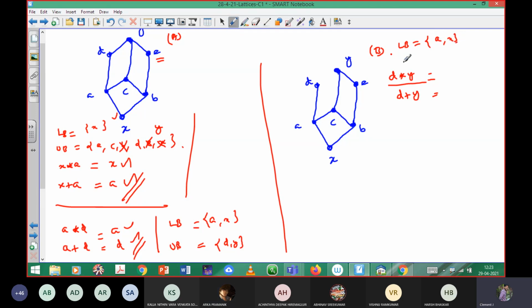Next, what is the upper bound for that? Empty set. Very good. So here you will be getting A as the GLB answer, right? Yes. In your D plus Y, even in your upper bound itself, you are getting empty. Certainly it will be repeated, so because of that reason I can close the answer.